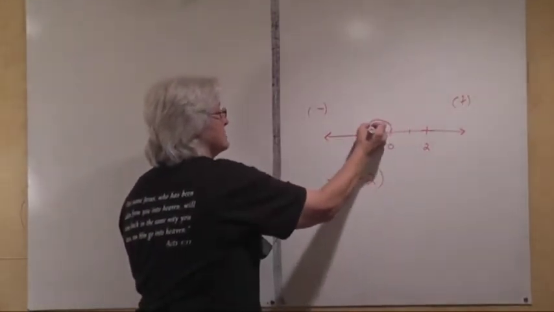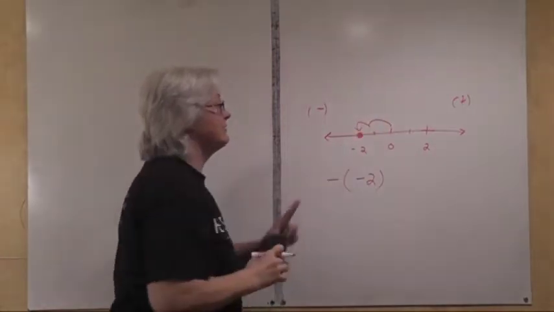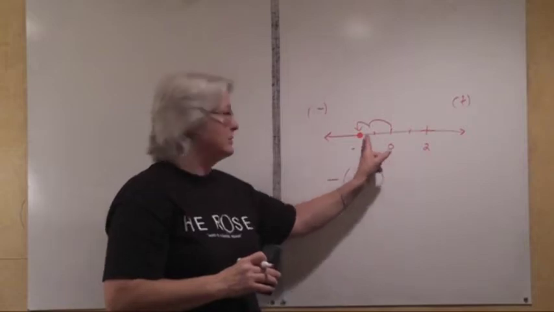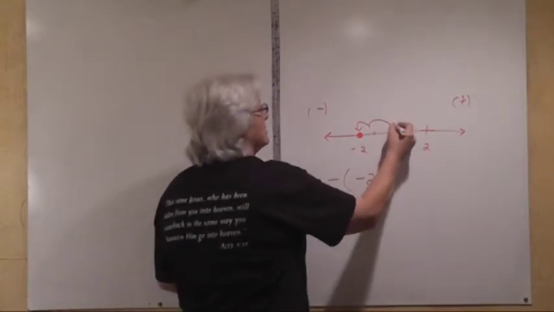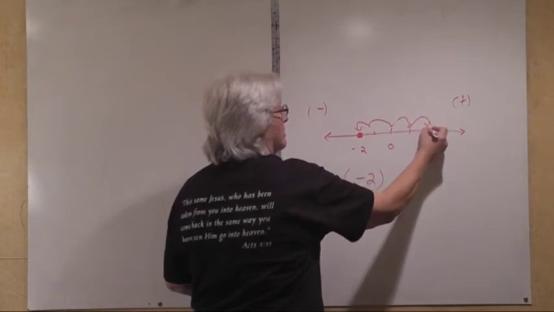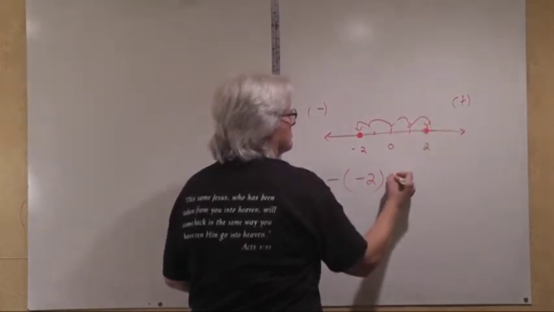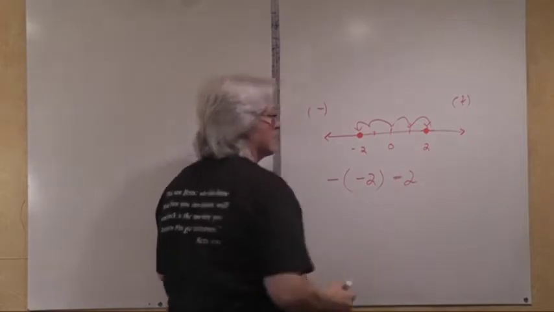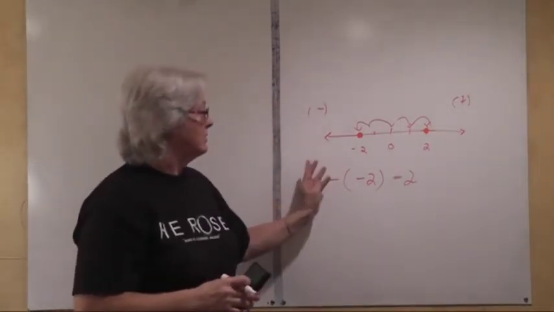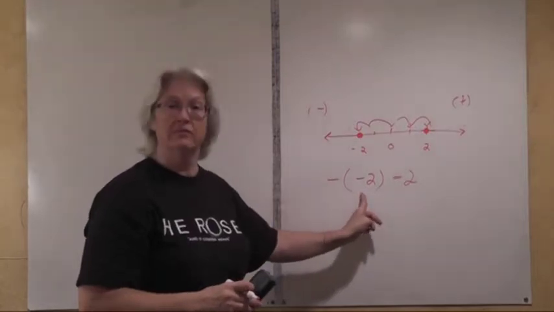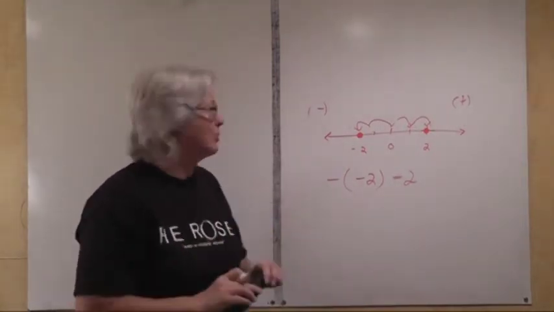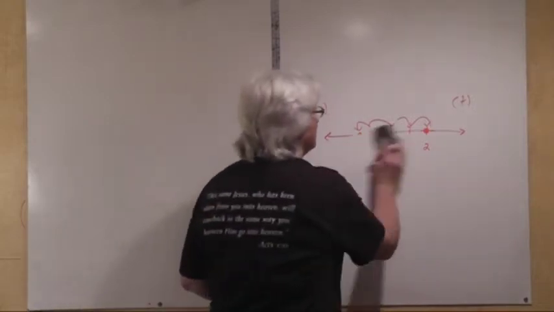It's 2 units to the left of 0 on the number line. Its opposite is going to be 2 units to the right of 0 on the number line, which is a positive 2. The opposite of negative 2 is equal to 2. So just a little bit more vocabulary here.